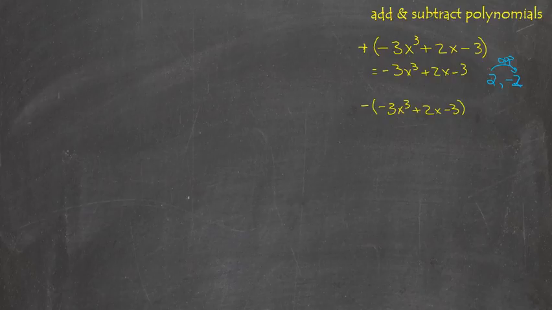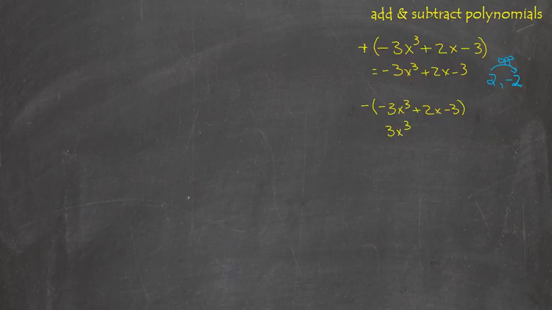So if negative 2 is the opposite of 2, negative this polynomial is the opposite of this polynomial. But the polynomial has many parts. So in order to make this one negative, the opposite of this one, I have to change all the signs inside. So I want the opposite of all the parts. So the opposite of a polynomial is the opposite of all the parts.